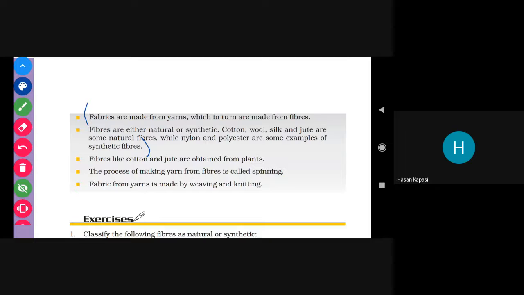Ma'am, there are two points. Yes, beta. But the second point is quite long, so it will take time.